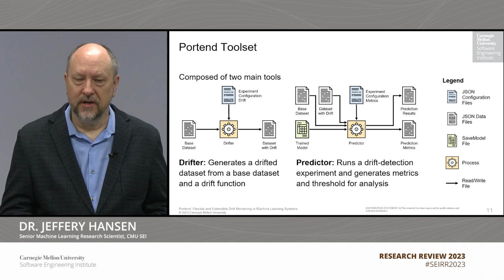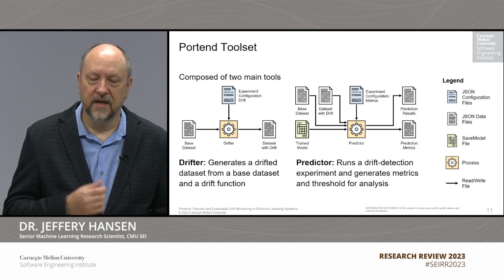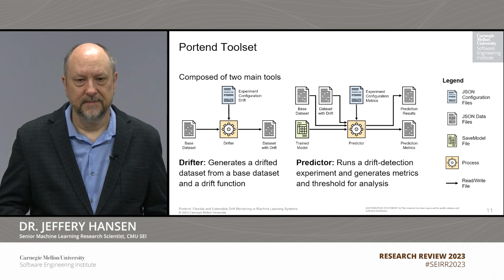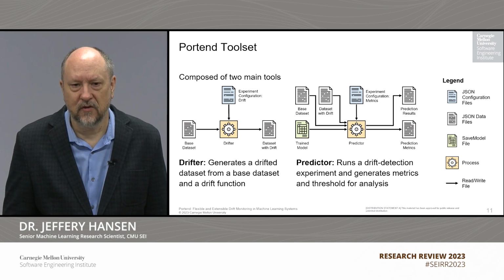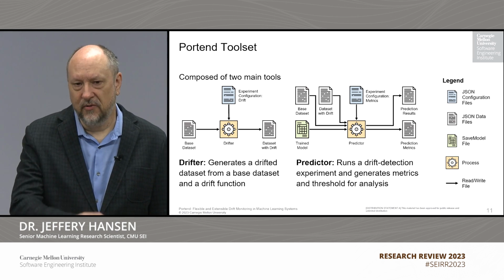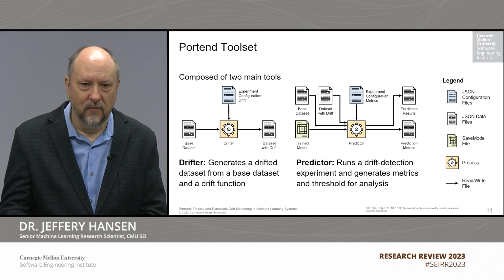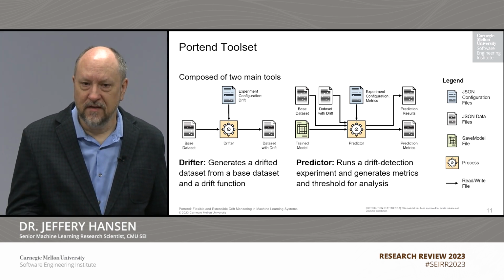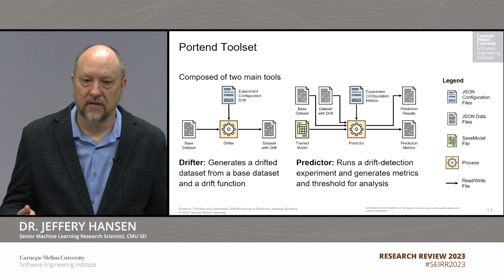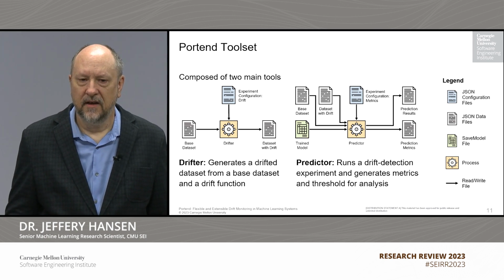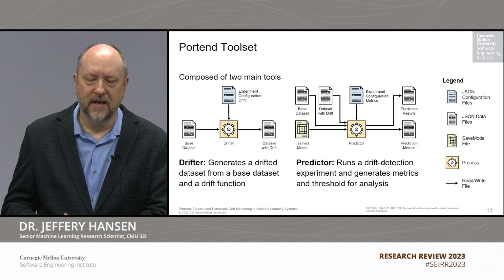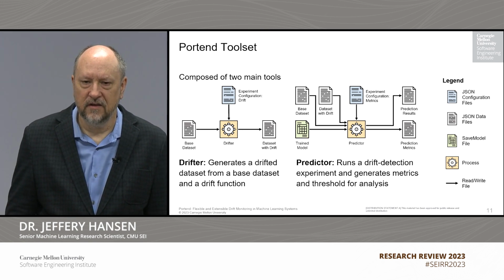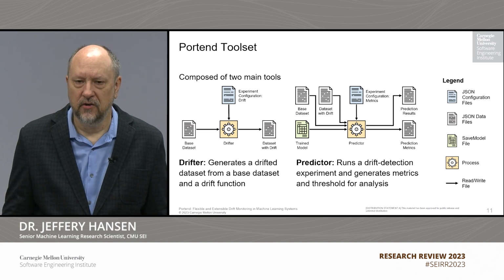The predictor takes the base data set, the drifted data set, some configuration of what metrics we want to examine, and the trained model. It then runs the model over both data sets and produces prediction results and prediction metrics. Those provide the basic elements that the data scientist needs to configure and tune the detector.